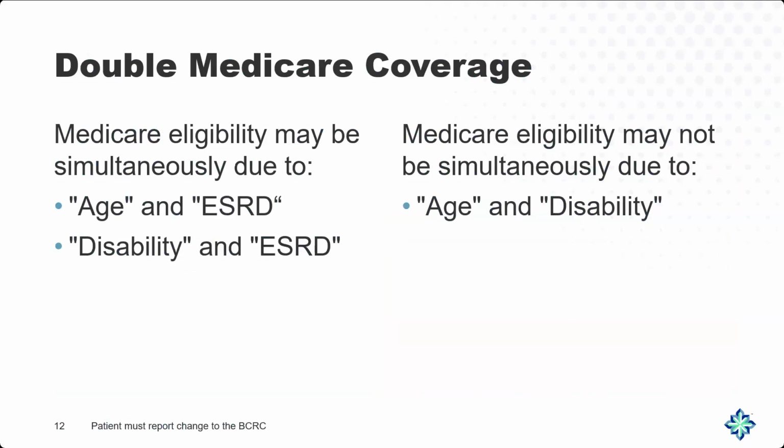So great. One thing that cannot happen is someone cannot be simultaneously age and disability at the same time for Medicare. That can't happen. So if you're disability, you will stay disability until the system gets updated to show that you're aged. Sometimes that actually means the patient has to contact the BCRC to say, hey, why aren't you checking this?